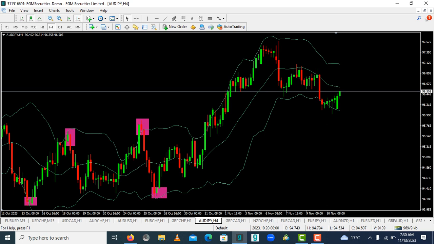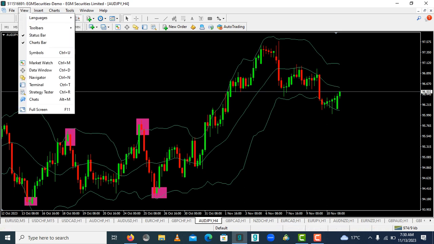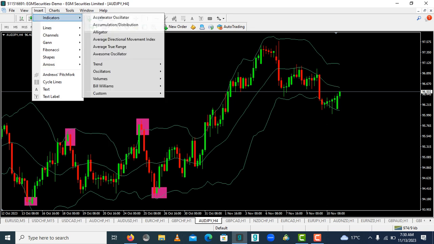This is what we refer to as technical analysis. We use indicators and we have several of them, as I will show you. We have the indicators there under the icon of insert. You have accelerator, oscillator, we have all these, but indicators are divided or categorized into different concepts.